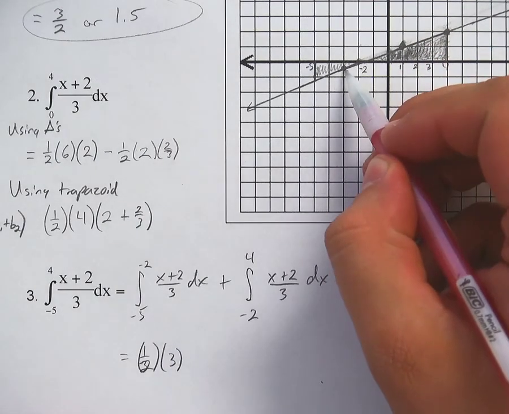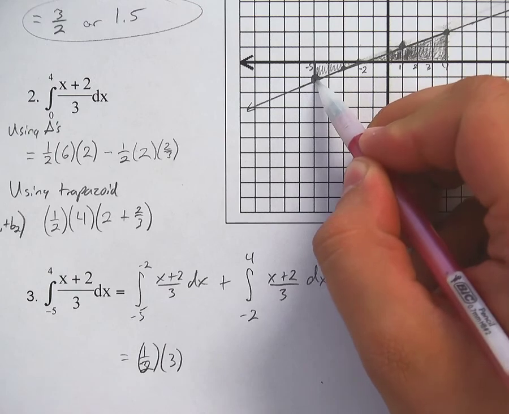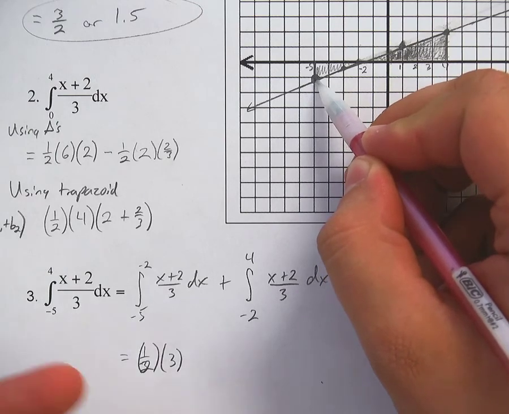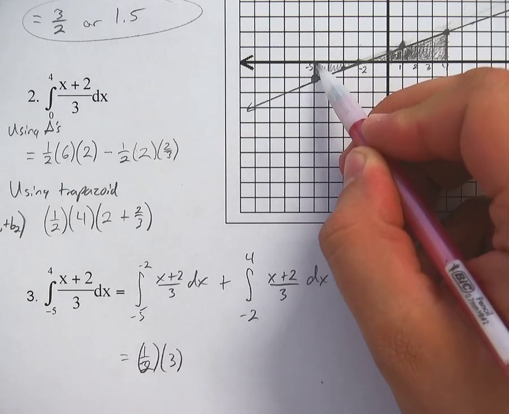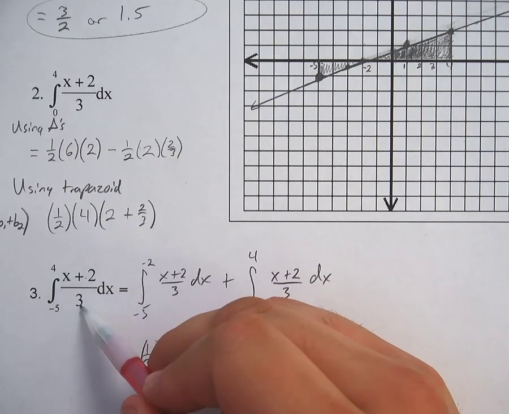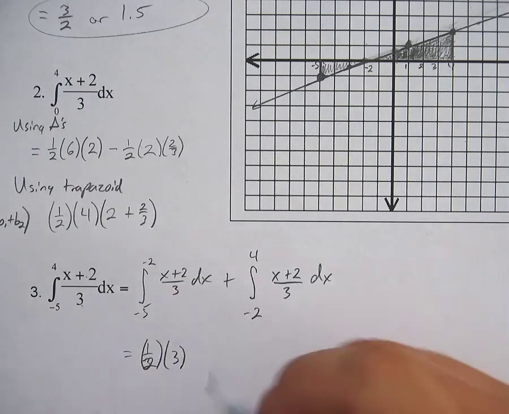Whew, okay. Over 2, down 2. It does actually go through this point right here. I am so sorry. It's probably getting a lot harder to see this just because of my horrible graphing. But if you plug in a -5, you get -3/3, which is -1 rather. So it does go through -1.